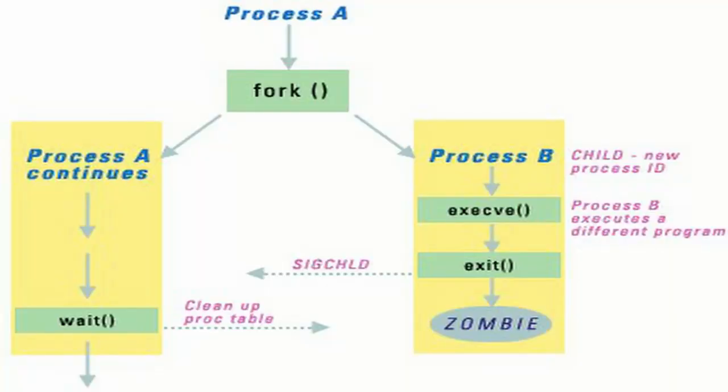Now let's come back to the parent and child process concept. What generally happens is the parent waits for the child to complete its execution, and then the parent continues its work and eventually terminates. In this example, this is process A, the parent process. It calls the fork system call, and don't worry about the system call, I'll cover the fork system call in a while.